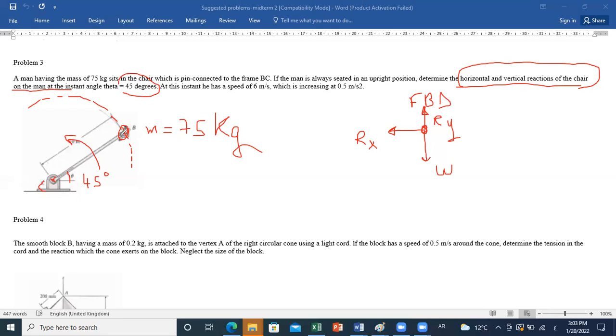Very good. Towards the center of rotation, so directed from B to C. This is UN. How is UT? Tangent to the trajectory. So it's perpendicular to BC, which is the radius.